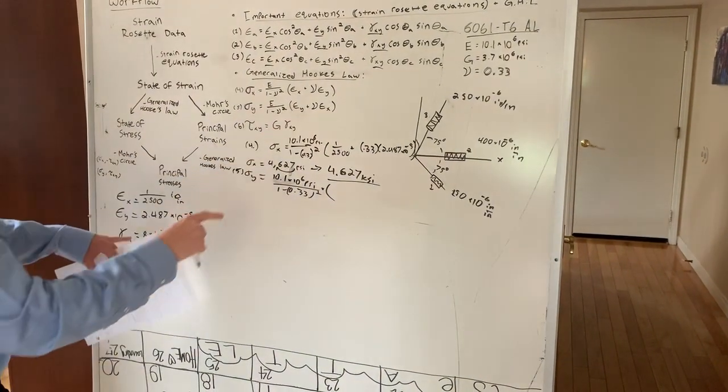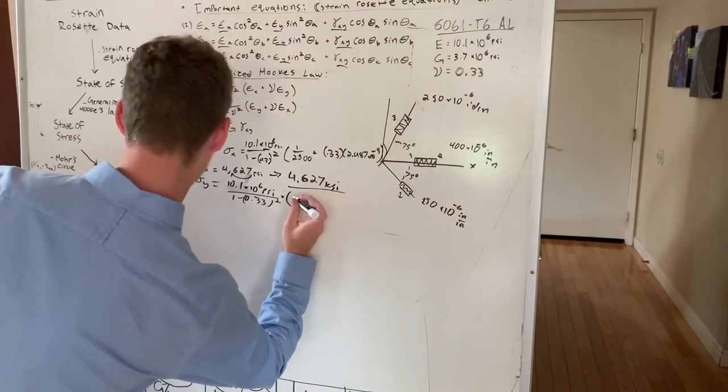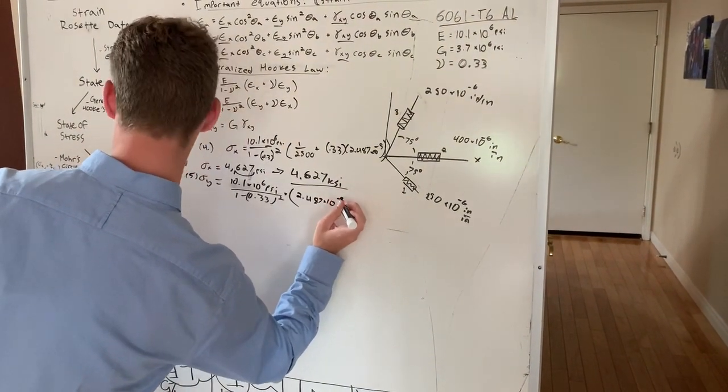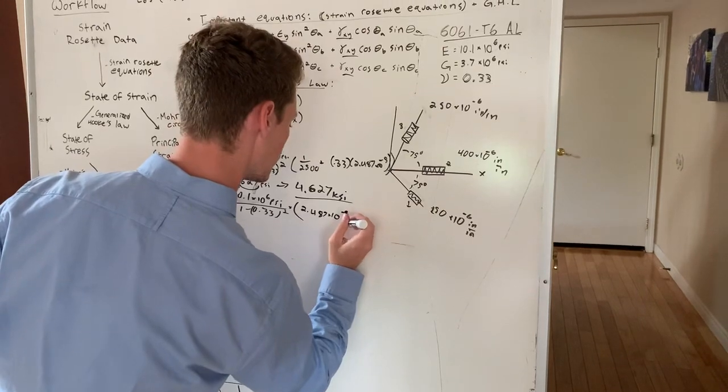Strain in the y direction is 2.487 times 10 to the -5 inches per inch.